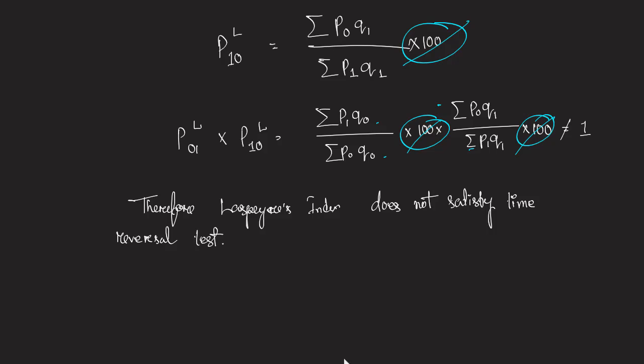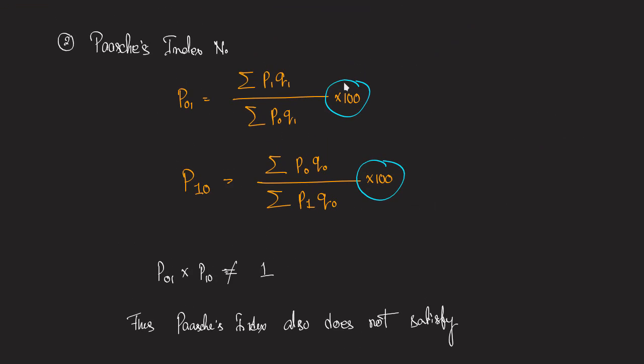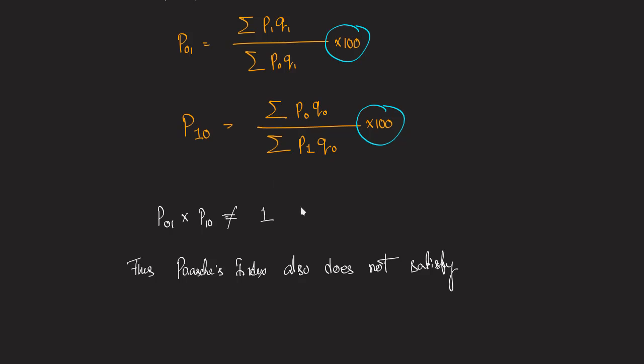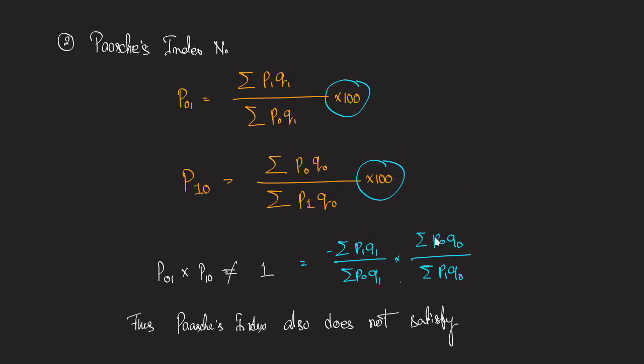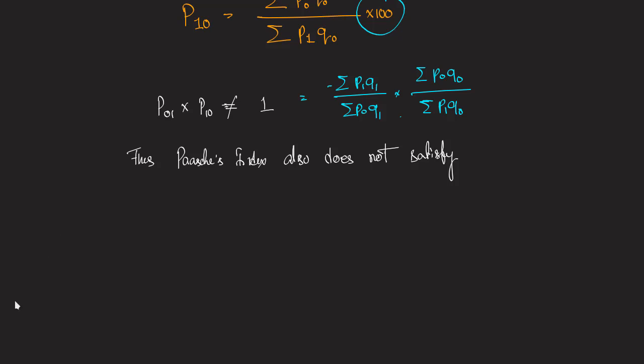Similarly in the Paasche index number, if we ignore the 100, the value will be summation P1 Q1 by summation P0 Q1 into summation P0 Q0 by summation P1 Q0. So there is no common term to cancel out, so it is not equal to 1. So Paasche does not satisfy the time reversal test.